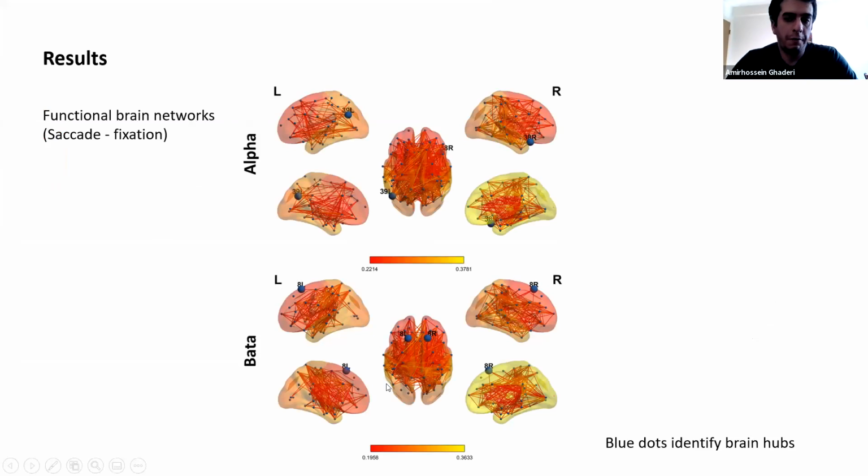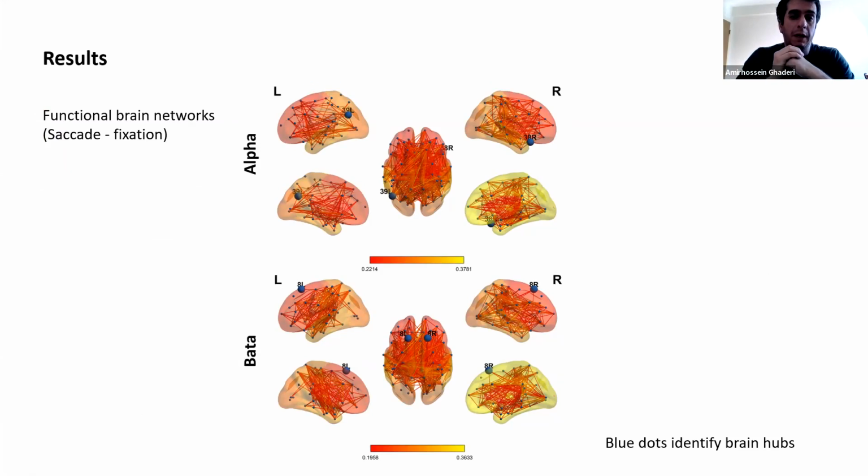So we found this network. Actually, this is the difference between the saccade and fixation, and we found these connectivities in different frequency bands. In the first result, we found some brain regions that are significantly different in saccade versus fixation.